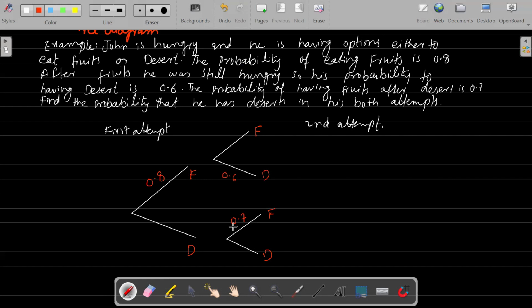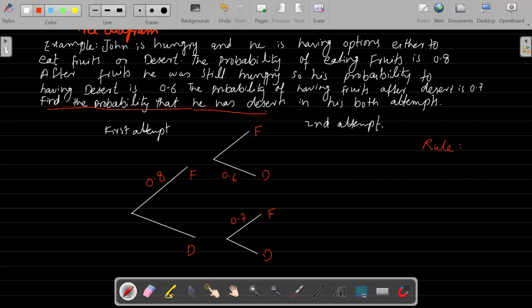First thing is that we are going to complete this tree diagram. Then we will figure out this last part, which says that he has taken dessert in both attempts. Okay, so there is a rule for making a tree diagram. So what is the rule?